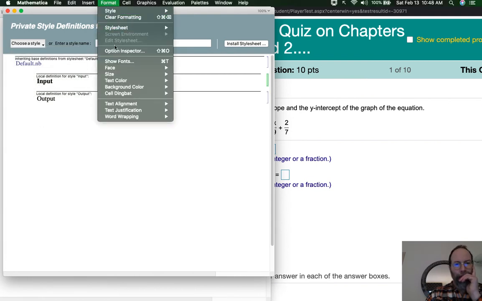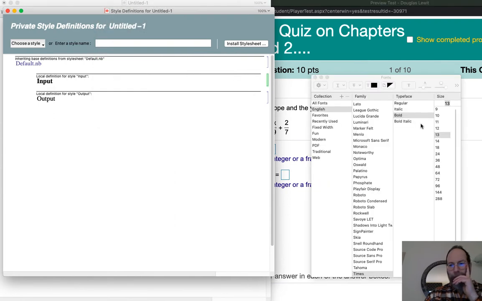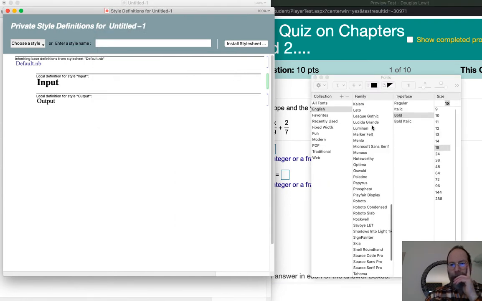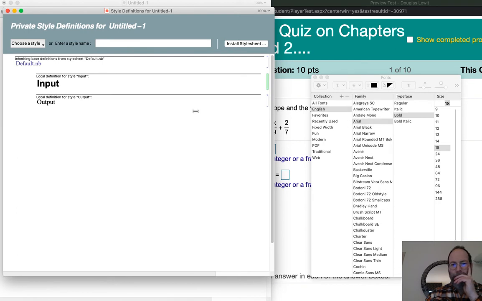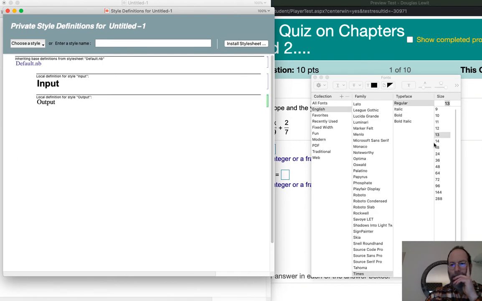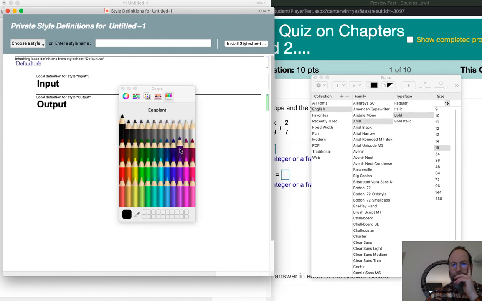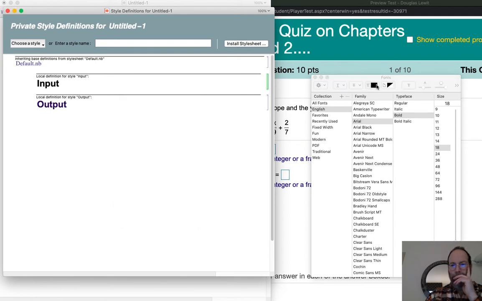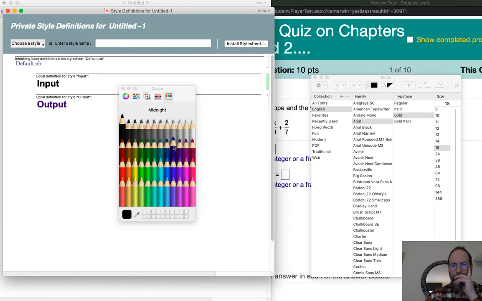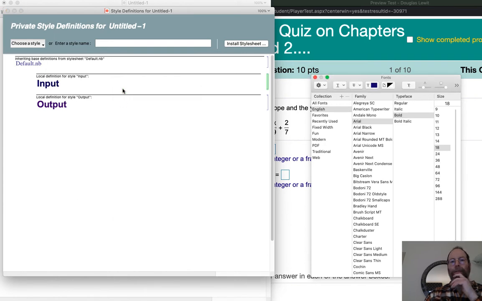Format, show fonts, make that 18. Make the output a little bigger and change the color a little bit. These preferences are really up to you. You can personalize Mathematica any way that you want to.